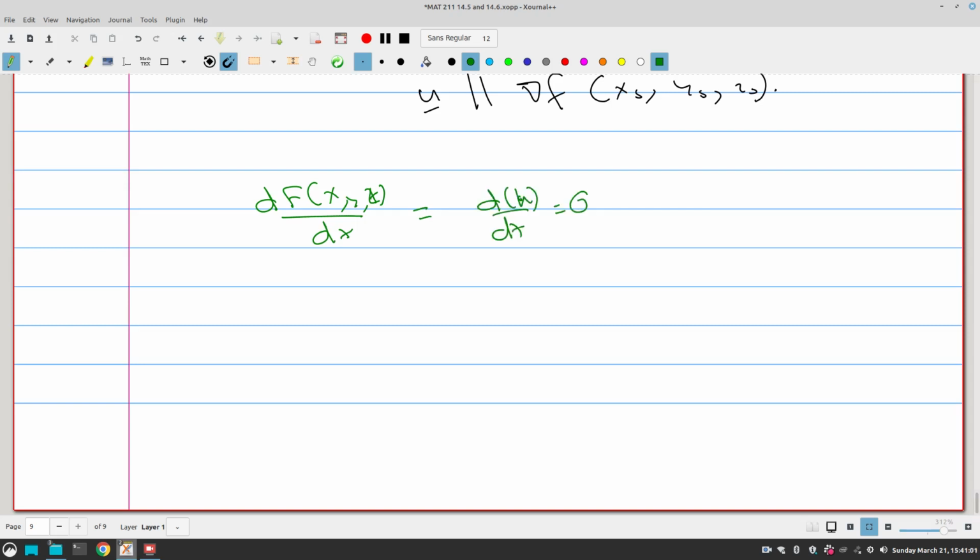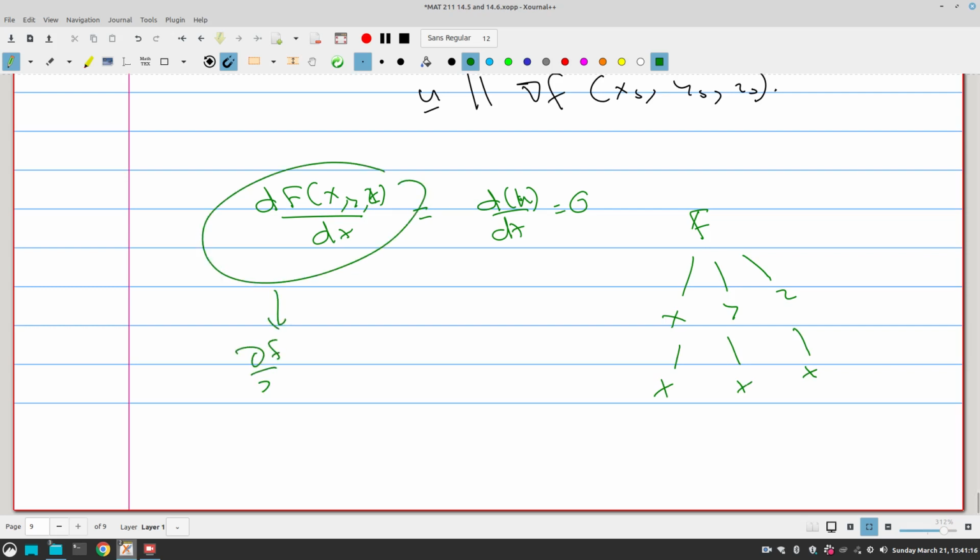This is 0 since this is a constant. F is a function of x, y, z. All of these are functions of t, and then this becomes partial f over partial x, dx over dt, plus partial f over partial y, dy over dt, plus partial f over partial z, dz over dt. This is equal to 0.